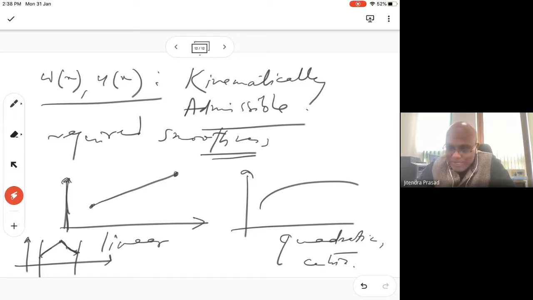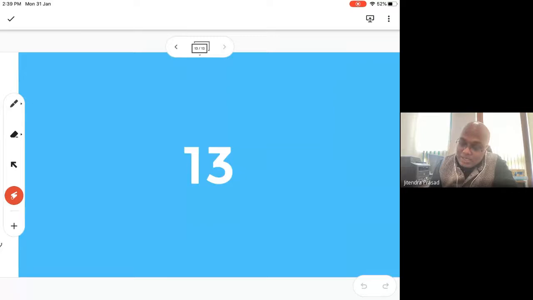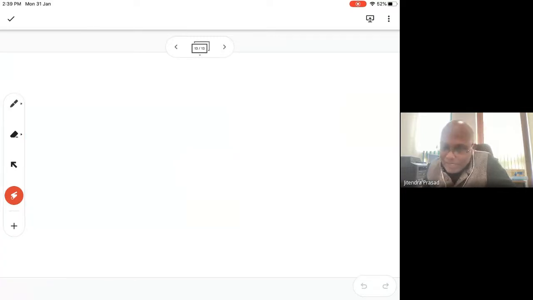So we don't get into variational calculus and all. Even in your book, variational calculus is not there actually.